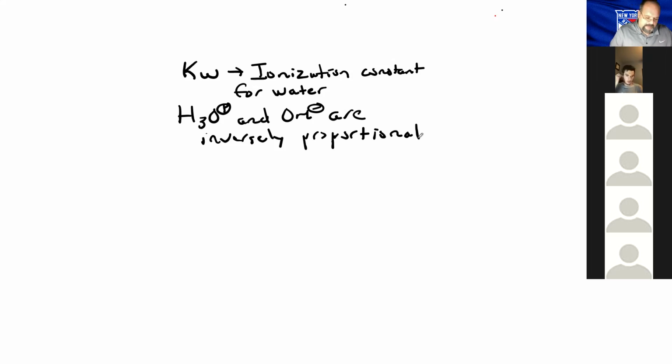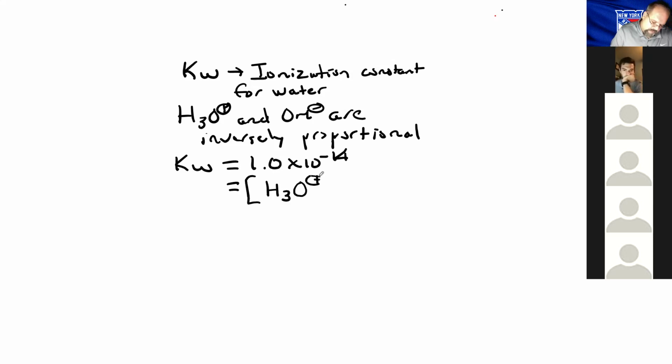And for water, that leads us to Kw, where Kw is equal to 1.0 times 10 to the minus 14, which was determined by taking the amount of H3O plus in solution and multiplying it by the amount of OH minus that's in solution.